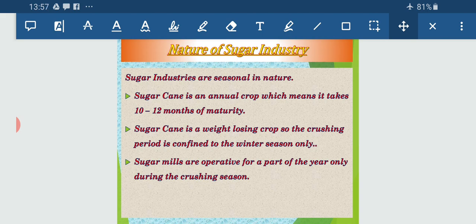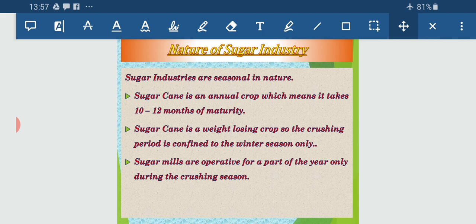So unless and until the raw material reaches the industry, there is no work to be done in the industrial aspect. As a result, the industry has its work after the harvesting season of the sugar cane. And we cannot store the sugar cane for a long duration. Why?